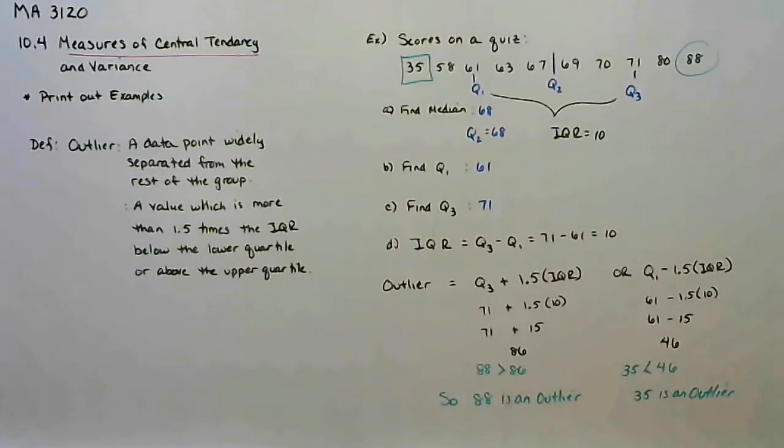It's still part of 10.4. I'll also talk to you a little bit about what is called the mean absolute deviation. So I'm going to stop here, and then do a separate video continuing with 10.4 with standard deviation, the normal curve, and what those look like.